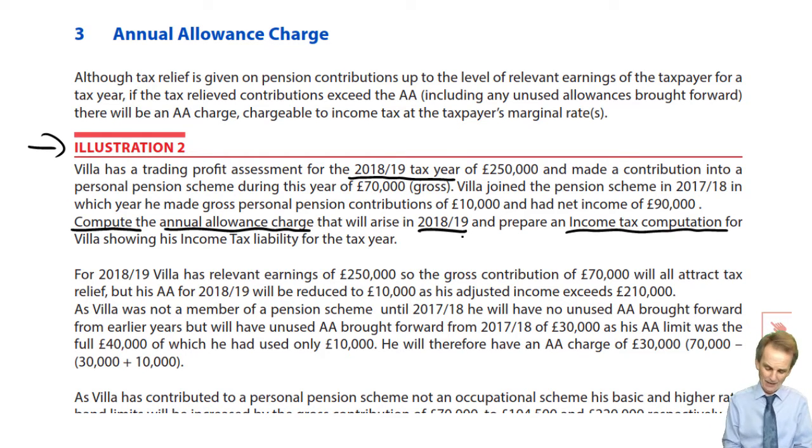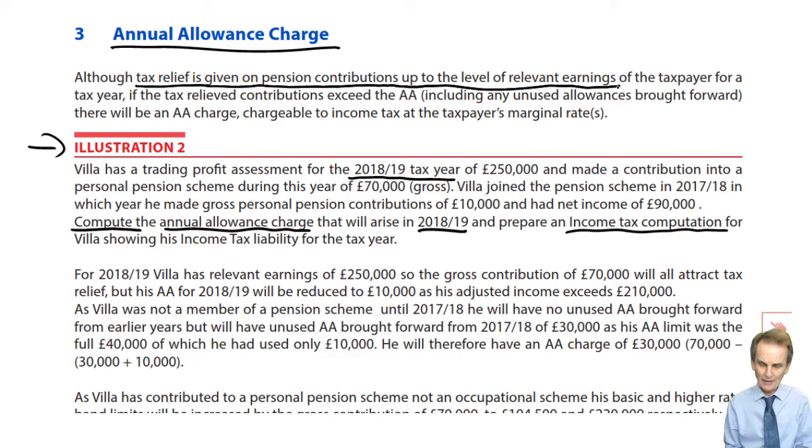So what's the issue for this annual allowance charge? We know that tax relief is given on pension contributions up to the level of relevant earnings. So as long as that gross contribution is within the level of relevant earnings, tax relief will be available. So tax relief is given on the pension contributions up to the level of the relevant earnings of the taxpayer for a tax year.